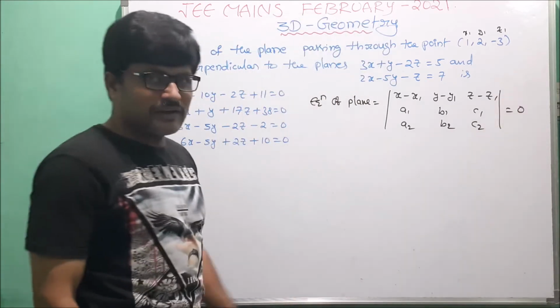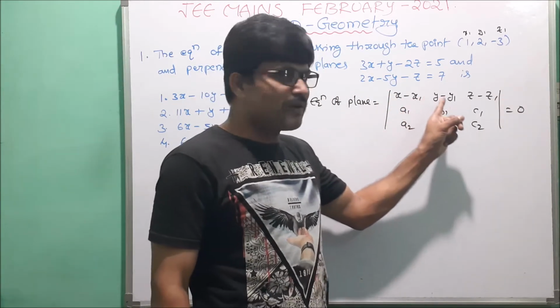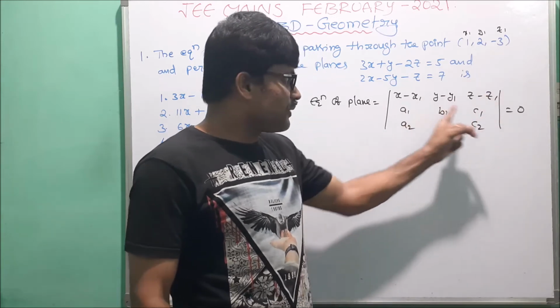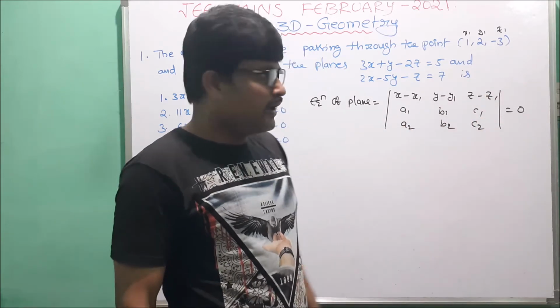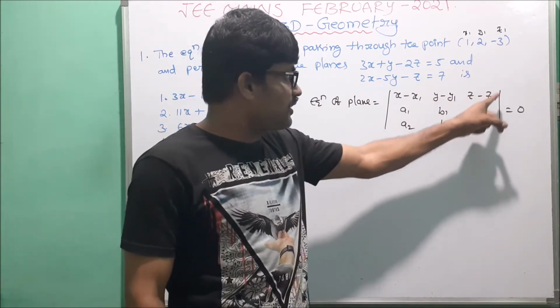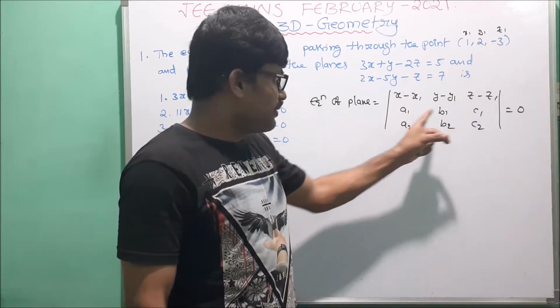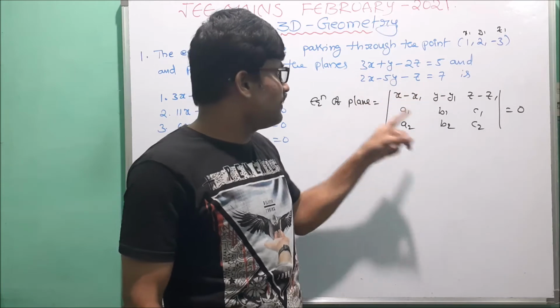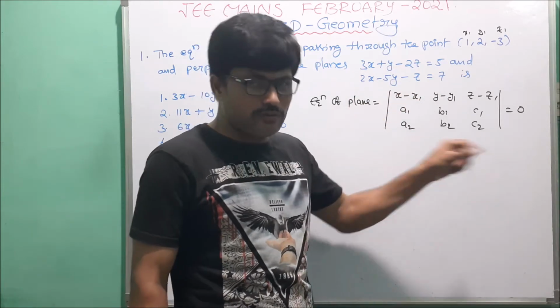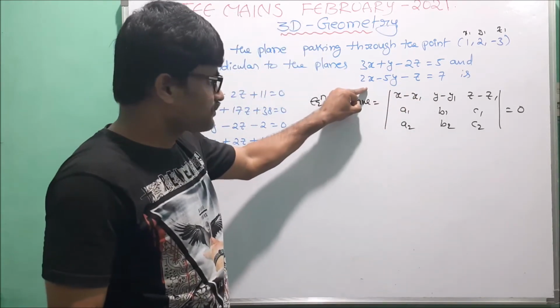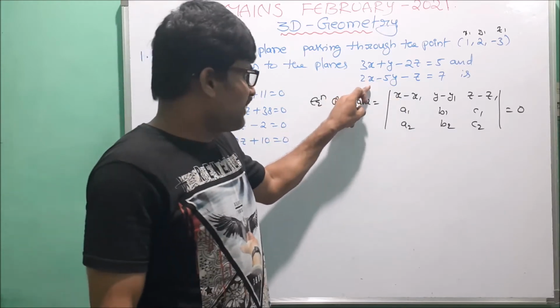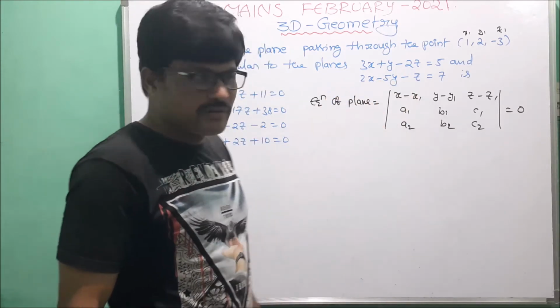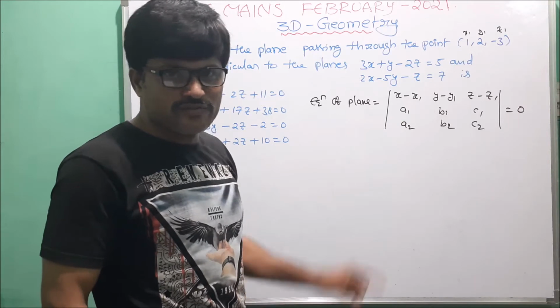Here x1, y1, z1 is the given point, a1, b1, c1 are the direction ratios of the first plane, that are the coefficients of x, y, z, and similarly a2, b2, c2 are 2, -5, -1, the direction ratios of the second plane.